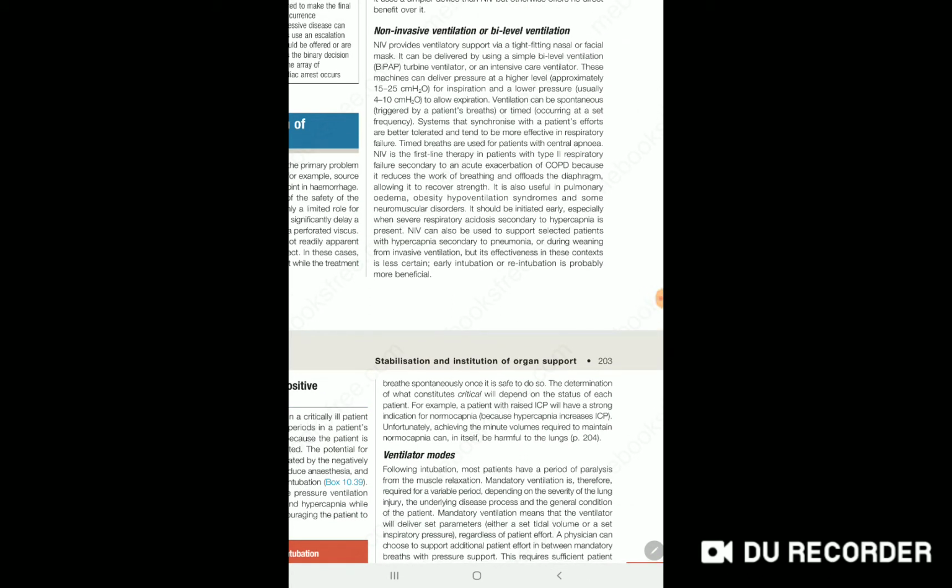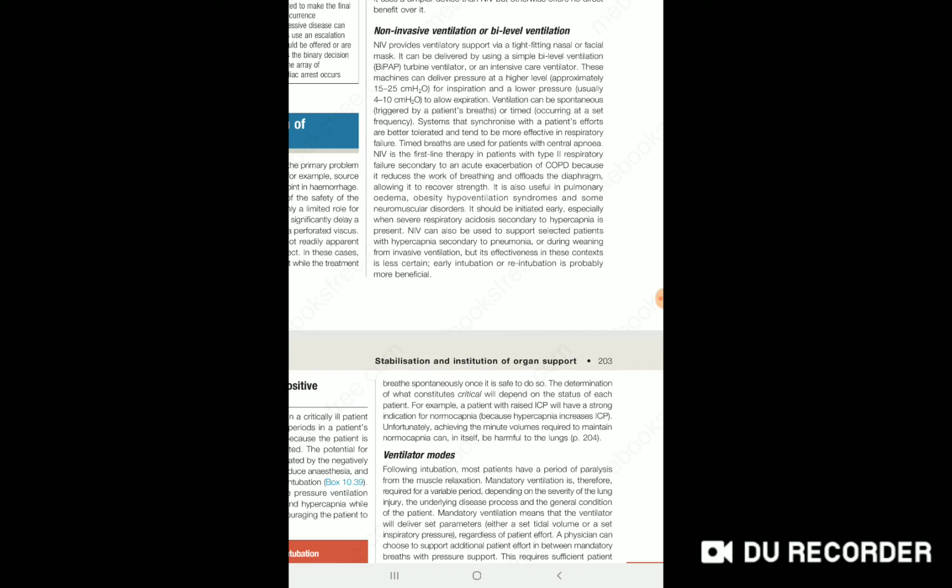We already know that inspiration is the active process and expiration is the passive process. So, in this mode, during inspiration we give more pressure, and during expiration we give less pressure. We try to give the ventilation within the physiological limit. The machine is fitted to the patient's own breathing pattern and breathing timing.